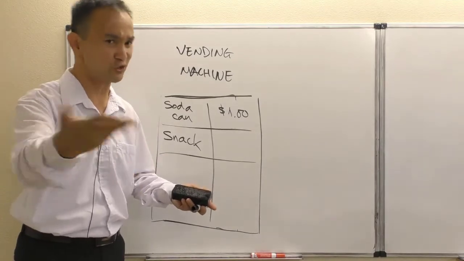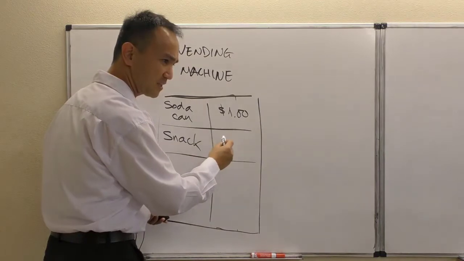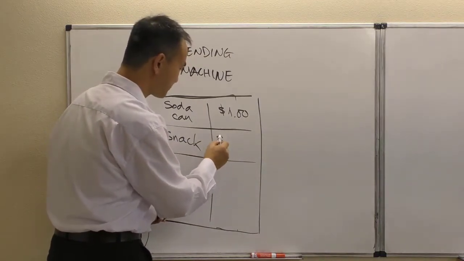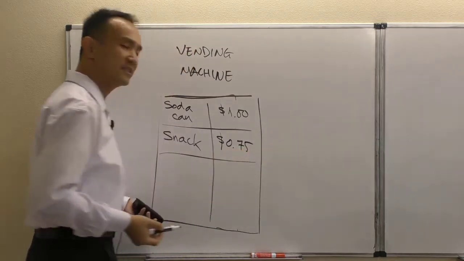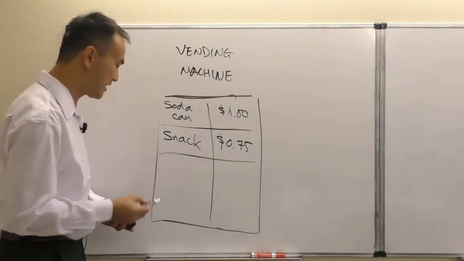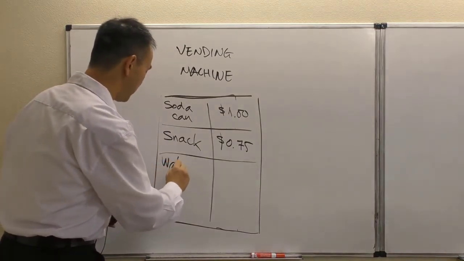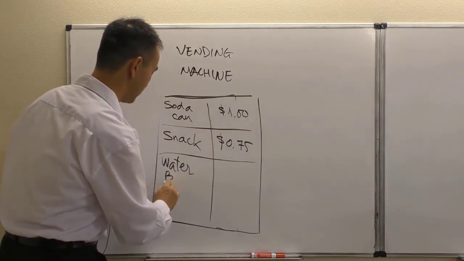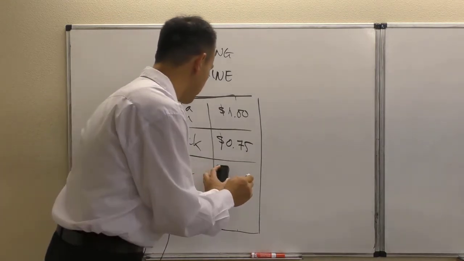Either you get it or you don't. You're going to get a snack at the price of 75 cents, or $0.75. You can get a water bottle at the price of 50 cents.